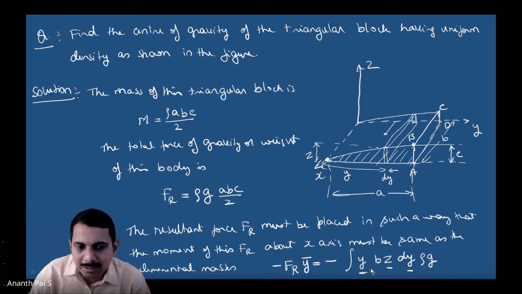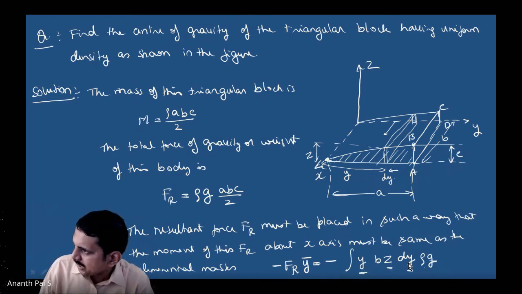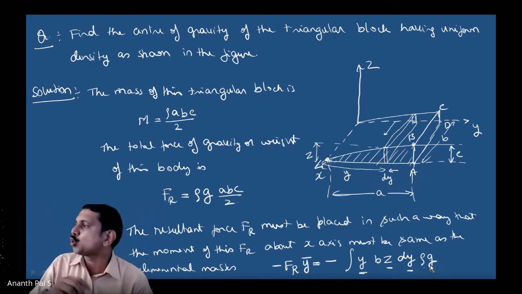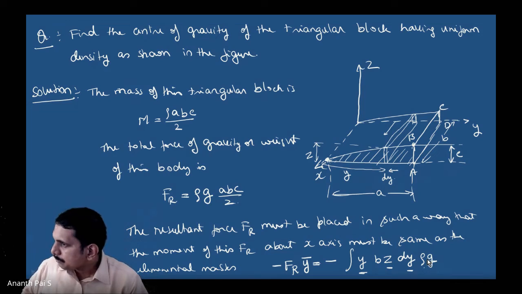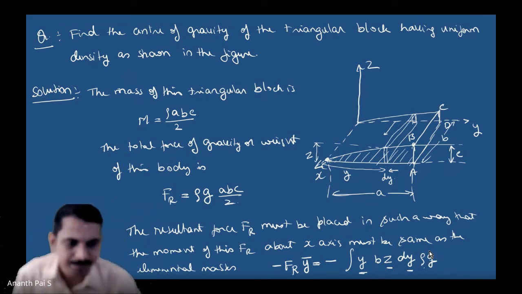So what is remaining here? You have y z dy inside the integration, and we can take b into rho into g outside. Make sense? So shall we do that? You have written it till here. Please write it down. Everybody has finished writing this? Have you understood this?